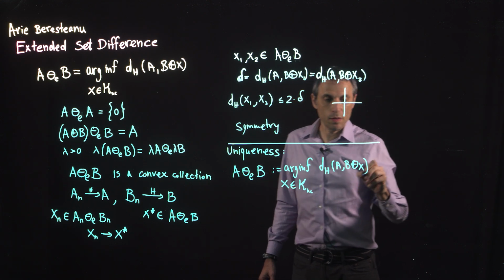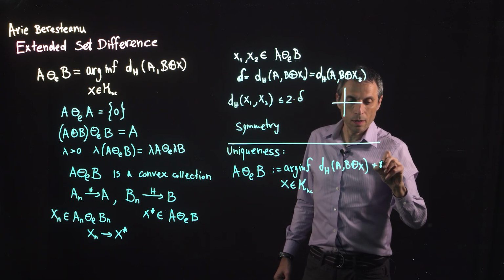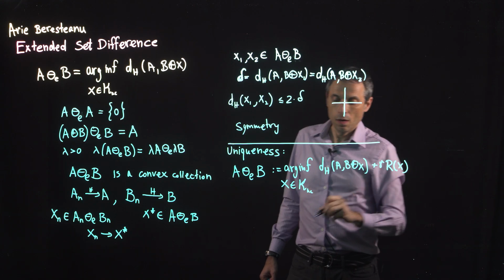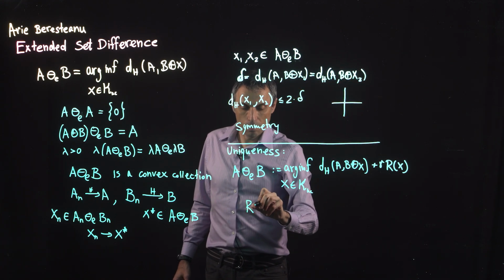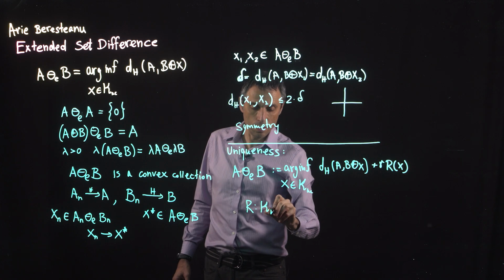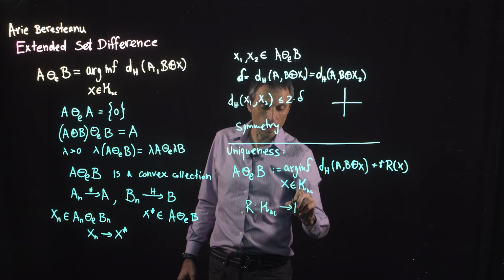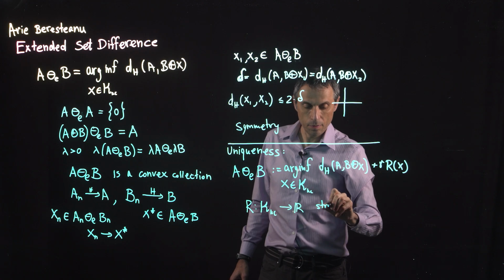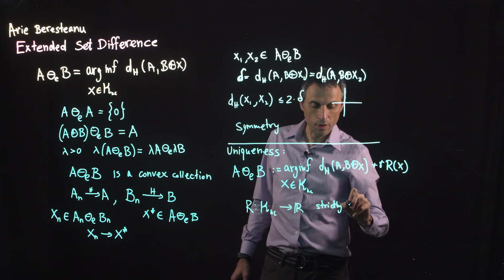But we also add some penalty, gamma times r of x, where r is a function from this Kc to the real line, strictly convex.